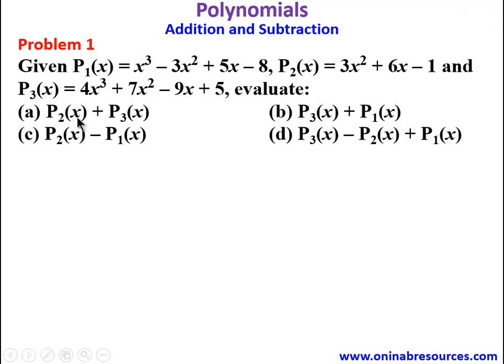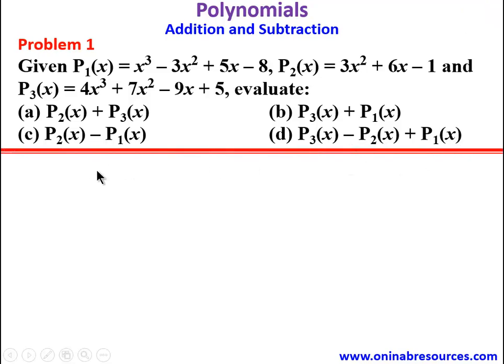Evaluate a. p2 of x plus p3 of x, b. p3 of x plus p1 of x, c. p2 of x minus p1 of x, and d. p3 of x minus p2 of x plus p1 of x.